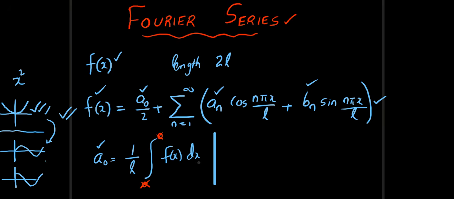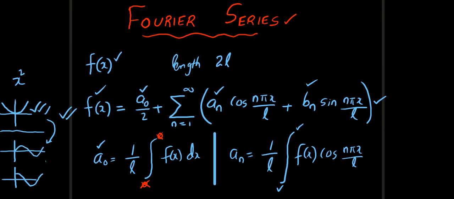Now comes an. An is given by 1 by L. As before, I'm not going to write the limit. You can just copy the endpoints of the given interval, and it will be f of x into cos n pi x by L dx.